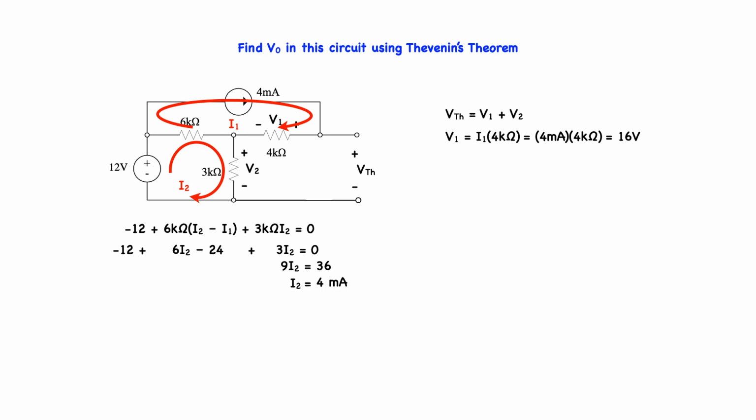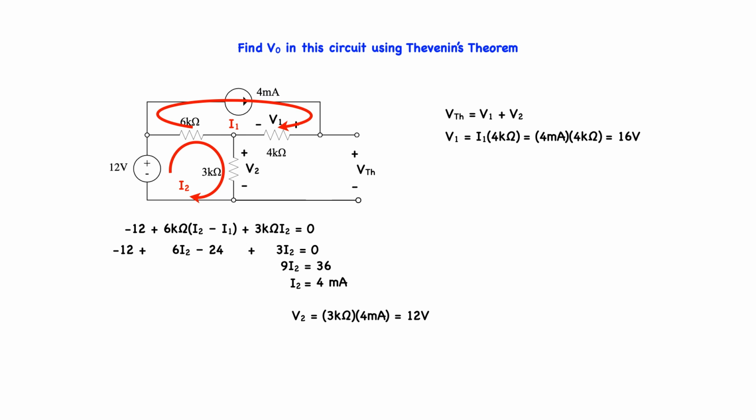Now, V2 is just the voltage drop across the 3K ohm resistor, which is 3K ohm times 4 milliamps, or 12 volts. This seems odd. We have a 12 volt power supply feeding into a 6K ohm resistor. You would think there is some voltage drop across the 6K ohm resistor. Upon closer examination, though, we see that the current through the 6K ohm resistor is I1 minus I2, or 4 milliamps minus 4 milliamps, which is equal to 0.